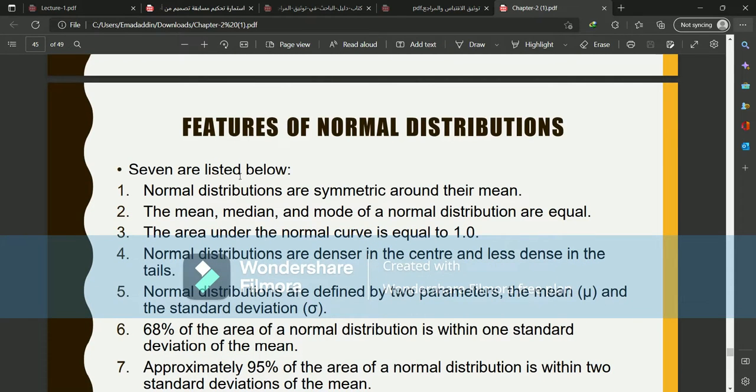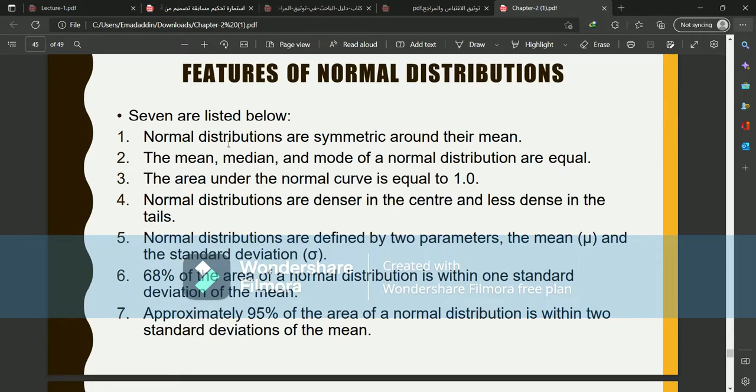There are 7 listed below. Normal distributions are symmetric around their mean. The mean, median, and mode of a normal distribution are equal. The area under the normal curve is equal to 1.0. Normal distributions are denser in the center and less dense in the tails.